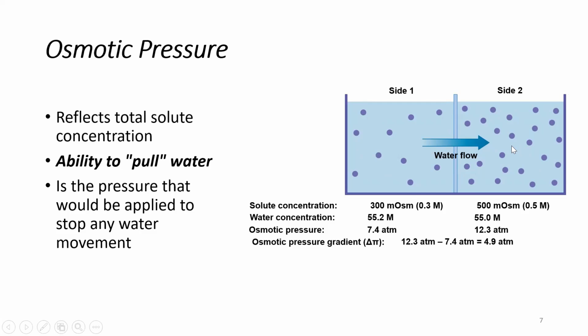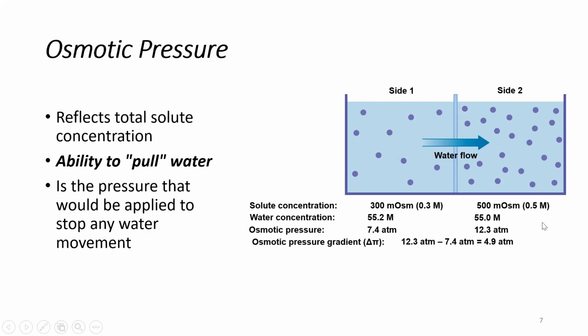If we look at the osmotic pressures here, side two has an osmotic pressure of 12.3 atmospheres. Side one has an osmotic pressure of 7.4 atmospheres. Based upon that, we can see that side two has the stronger osmotic pull or the stronger osmotic force. In other words, water really wants to get to side two because of that stronger osmotic pressure.